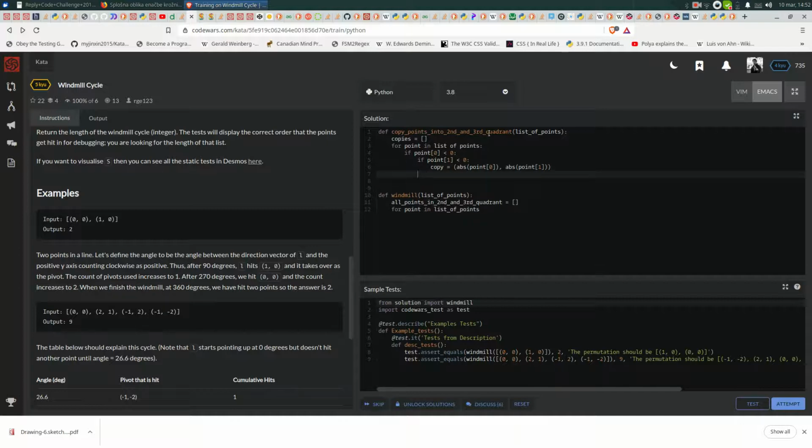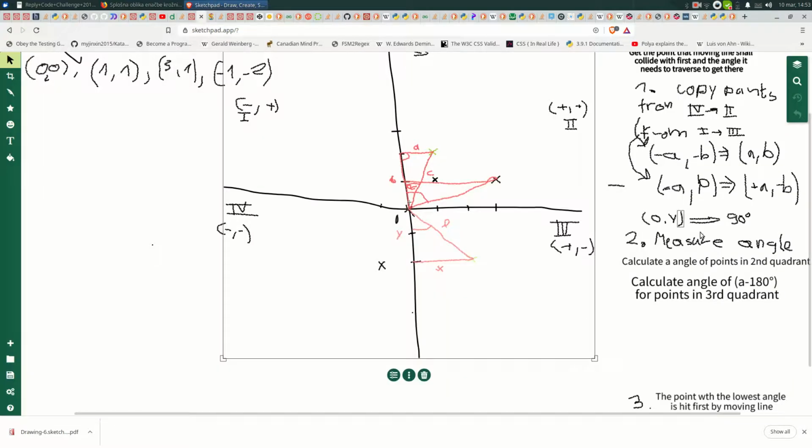So we say else, we just do copy equal, oh, I mean, even if it's positive, it's still correct that we do the, oh no, it's minus. All right.